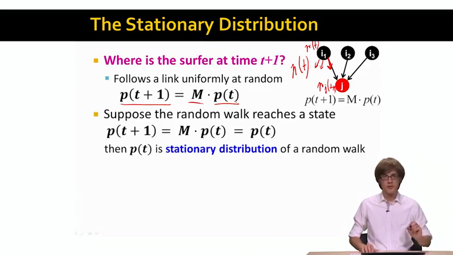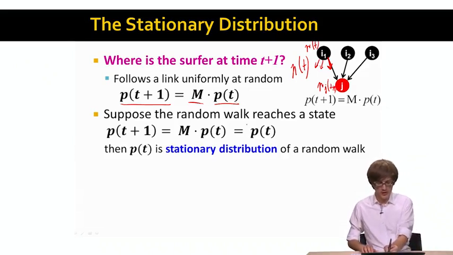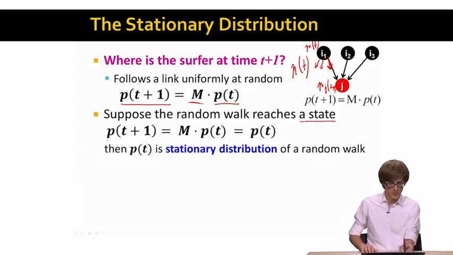Now let's suppose the random walk reaches what is called a steady state, which means that the probability distribution at time t equals the probability distribution at time t plus 1. This means that p of t is a stationary distribution. So p of t plus 1 equals M times p of t equals p of t.